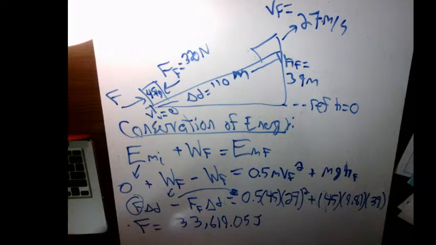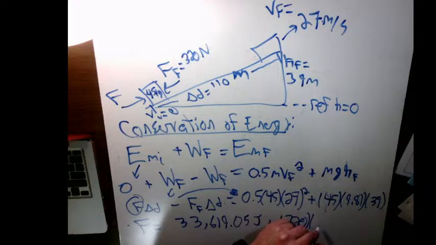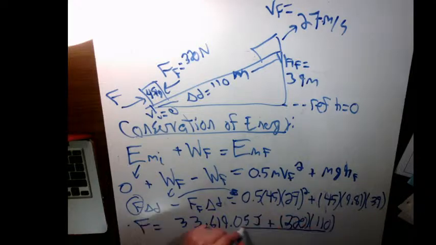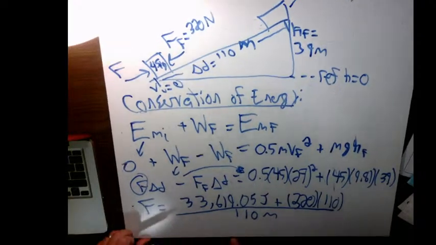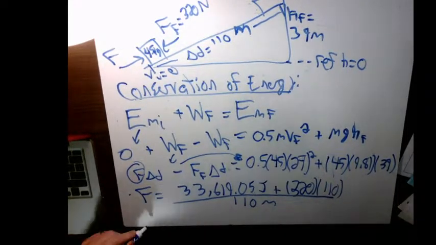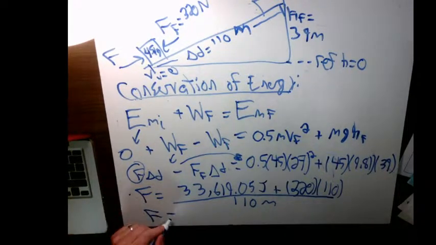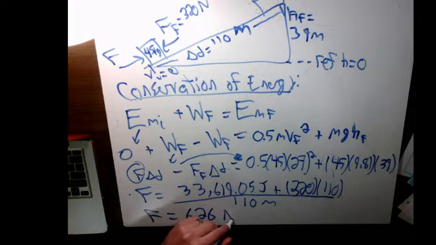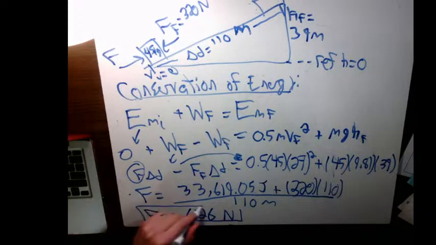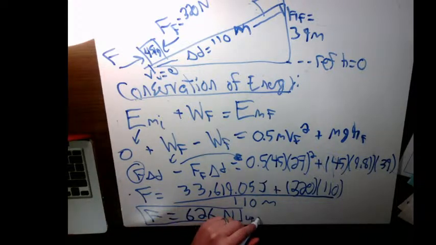We're then going to have to add in our force of friction, which is 320 times the distance of 110, and we're going to divide it all by 110 meters. Throw that in the old calculator, and we get our applied force coming out at 626 newtons. And that would be up slope.